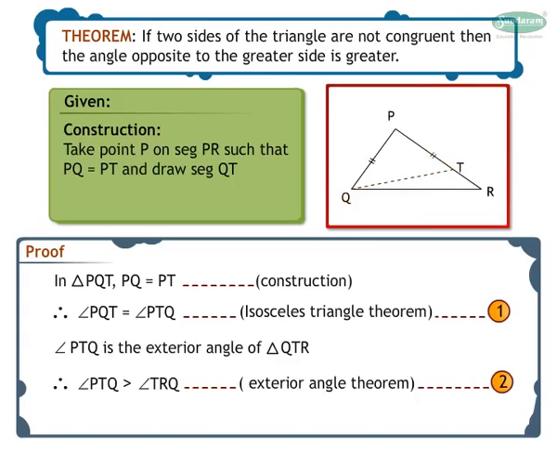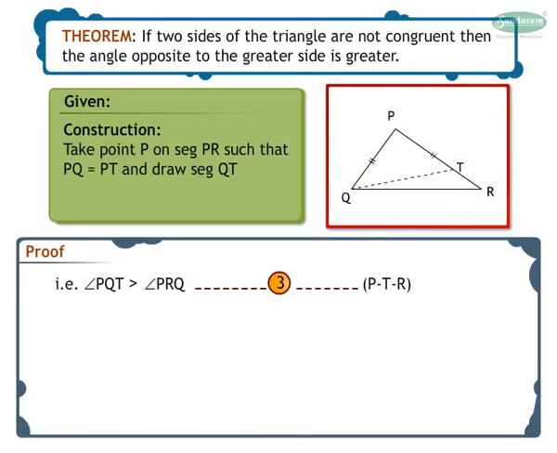Therefore, according to the exterior angle theorem, angle PTQ is greater than angle TRQ. Let us mark it as statement 2. Therefore, from statement 1, we can say that angle PQT is greater than angle TRQ. That is, angle PQT is greater than angle PRQ, since point T is in between P and R.